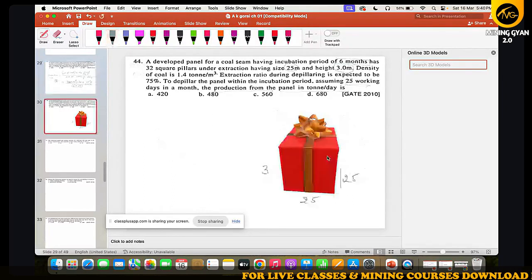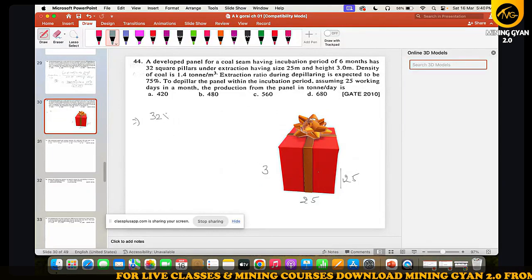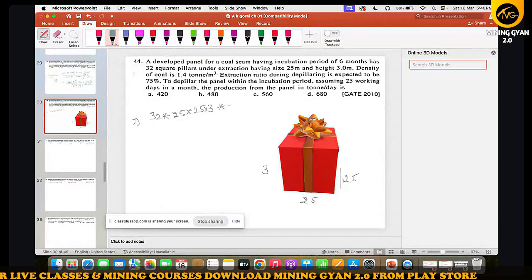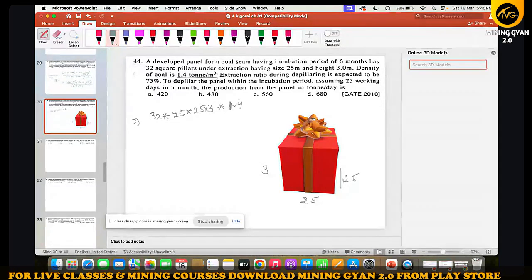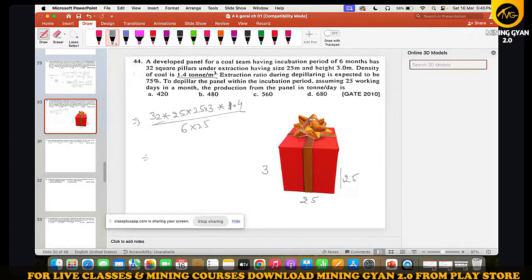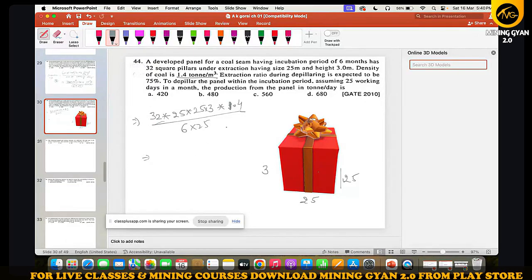The number of pillars he has provided is 32. The volume of the pillar is 25 into 25 into 3, into specific gravity for weight. It is given as 1.4, divided by the number of days, 6 into 25. So how will we solve it? You can cancel it, cancel it.